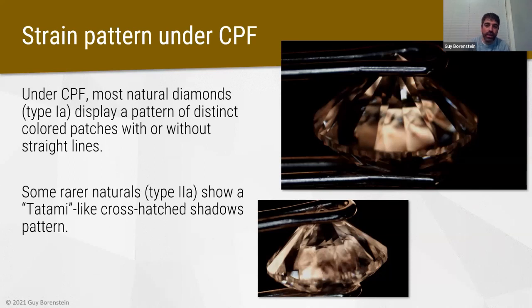They could be of a high order interference, they could be low order, but you will see this colorful and without any clear shape. Most of the natural diamonds will look like that. Some rarer types called type 2A will show you a different pattern, which is called tatami. It's a kind of crosshatch lines of shadows inside the stone, very gentle shadows inside.